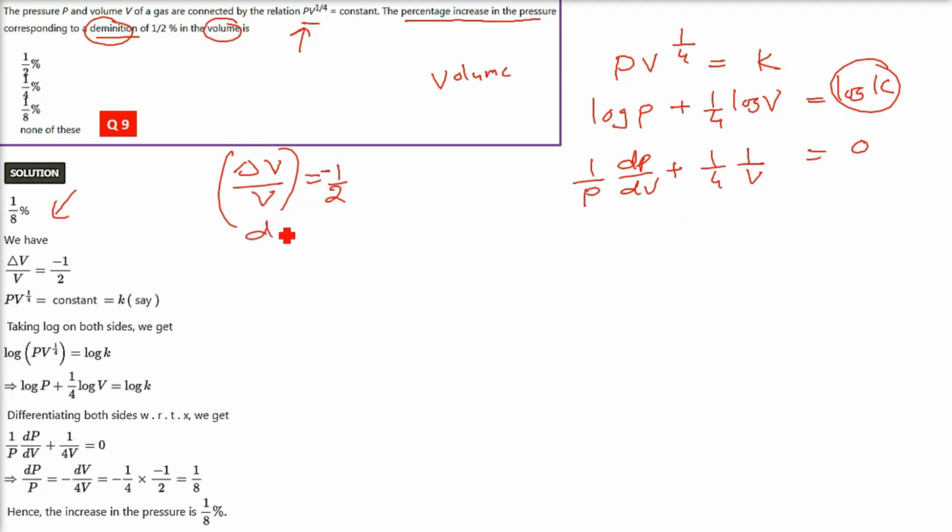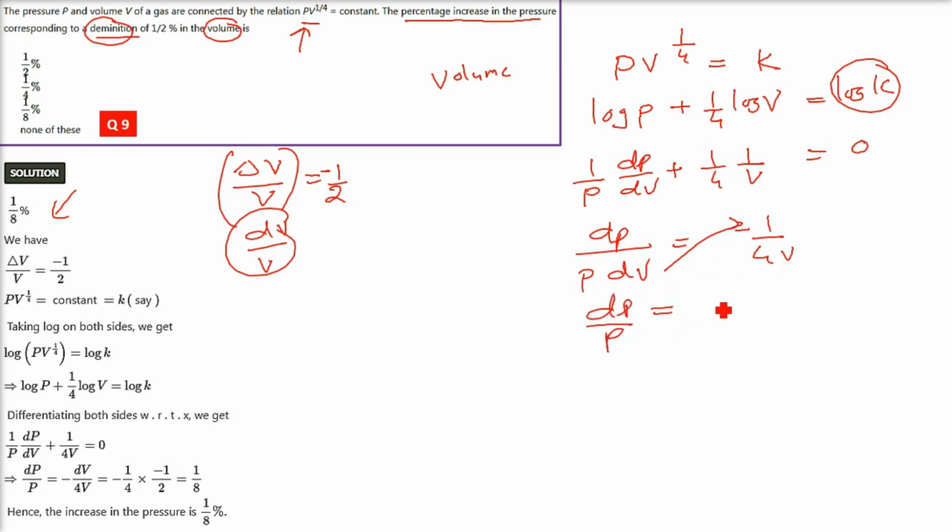That is what we are going to use in what we have just differentiated, and try to find out dP by P, because we have to find out the percentage increase in the pressure corresponding to this delta V by V. So I'm just relocating things so that I can get dV by V somewhere and dP by P somewhere. So we have dP by P here, dV goes on the top on the right hand side, dV by V. Now dV by V is already known to us, that is going to be negative half, so minus 1/4 into minus 1/2 is going to be 1/8.